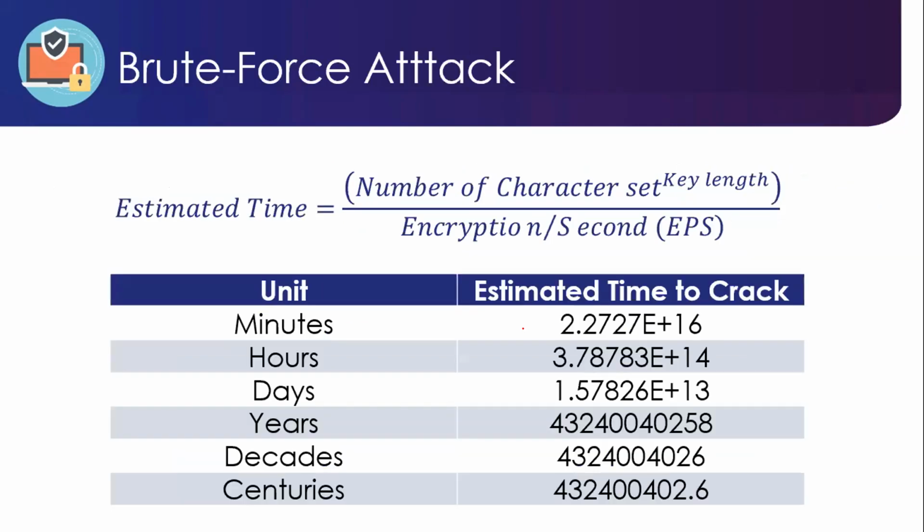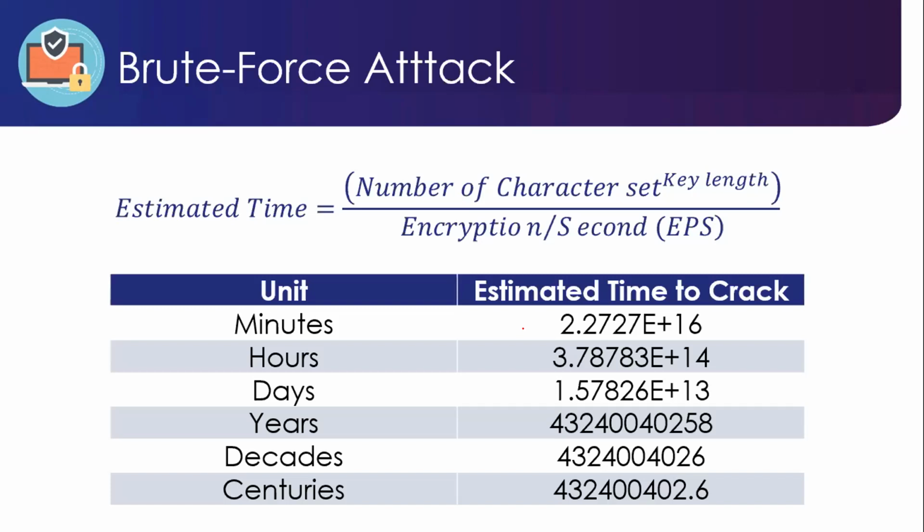Then I also estimated the time for the brute force attack. Based from the study, these are the computations for that. The number of characters in the character set, for example 256 characters, raised to the key length, for example 4, then divided by the encryptions per second.